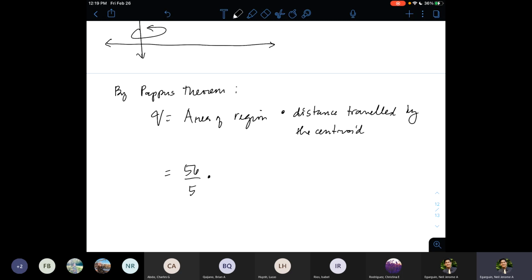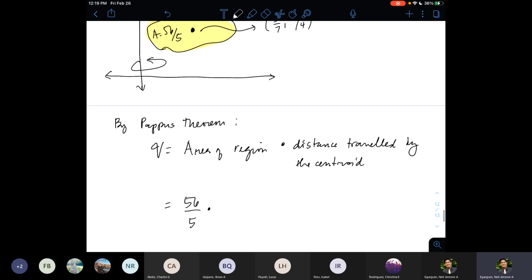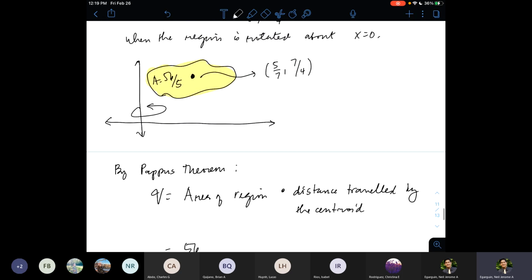Times the distance traveled by the centroid. So let's see how far the centroid will travel here. Well, remember that the centroid is here, and the region is to be revolved around x equals 0. So the centroid will travel along a circular path as we carry on the revolution, right?